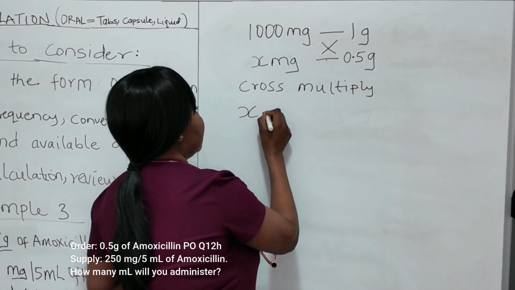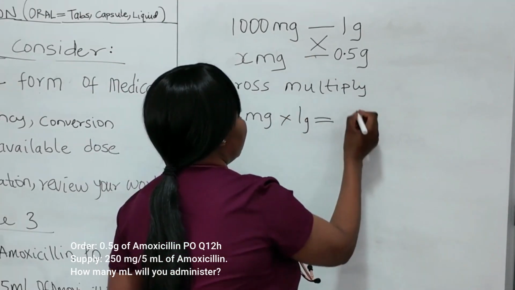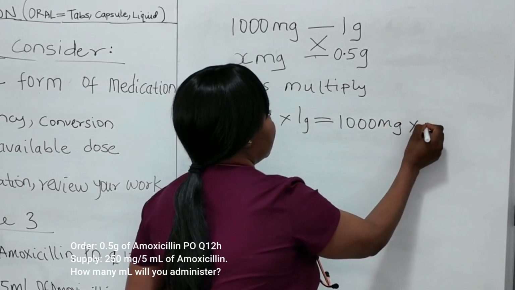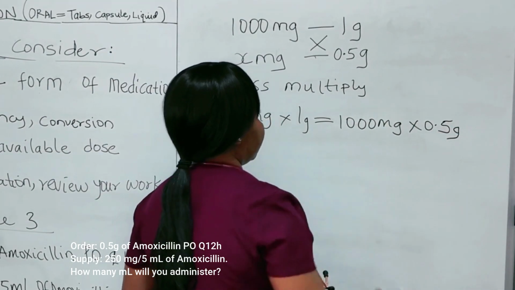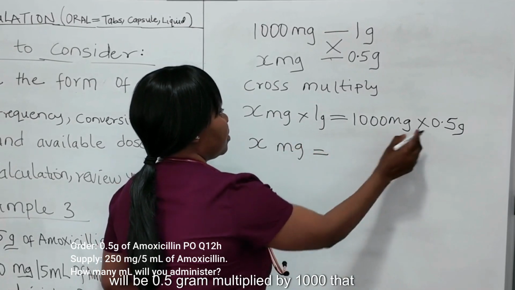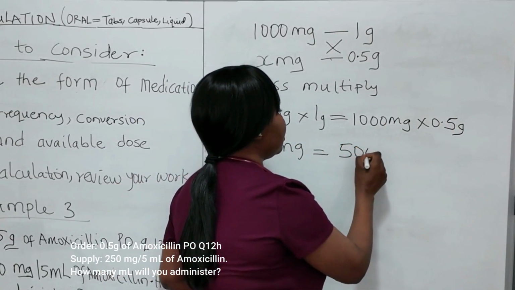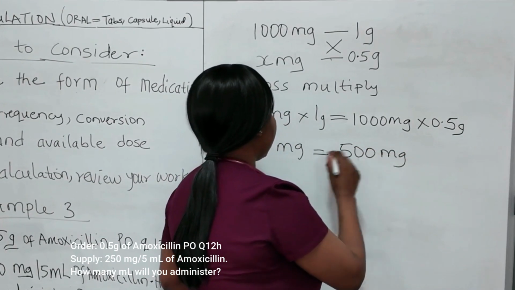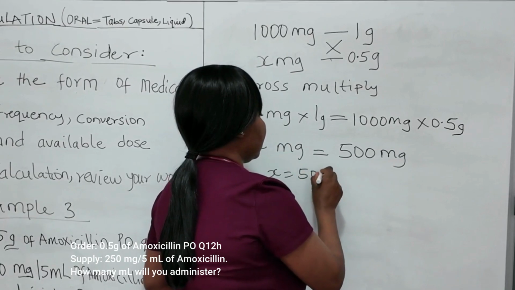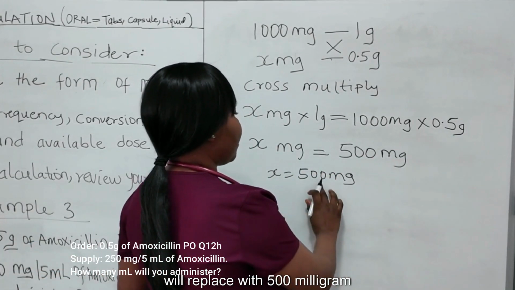X milligram times 1 equals 1000 milligram times 0.5 gram. X, which is in milligram, will be 0.5 multiplied by 1000. That will give us 500 milligram. So X is now 500 milligram, and that means anywhere we see 0.5 gram, we'll replace with 500 milligram.